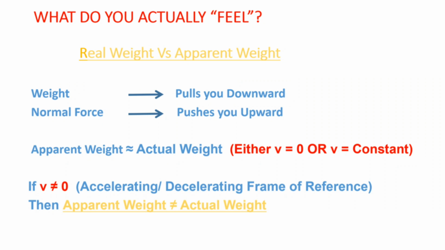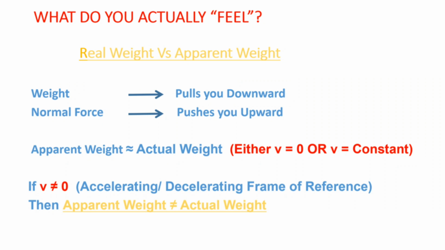That is mass multiplied by the gravitational acceleration. So your apparent weight is same as actual weight when you are in a stationary frame of reference or your frame of reference is moving with uniform velocity and everything feels normal.